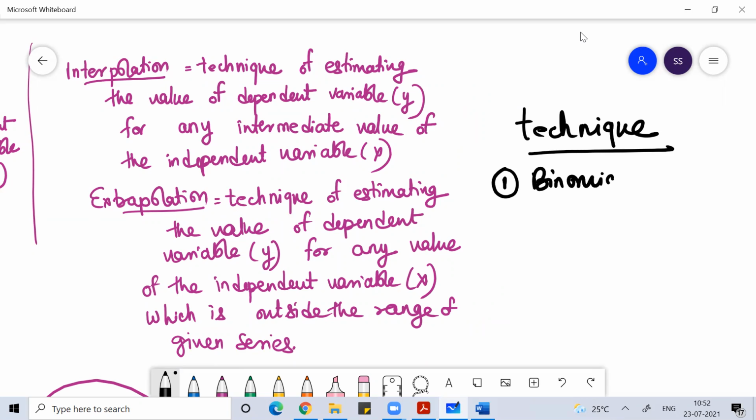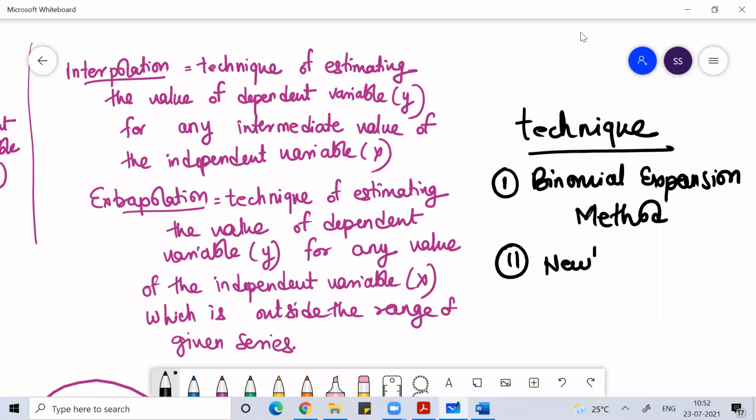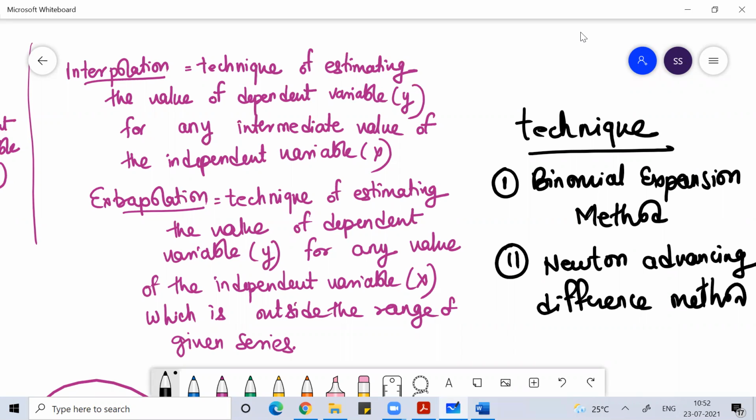One is the binomial expansion method, and the next is the Newton advancing difference method.